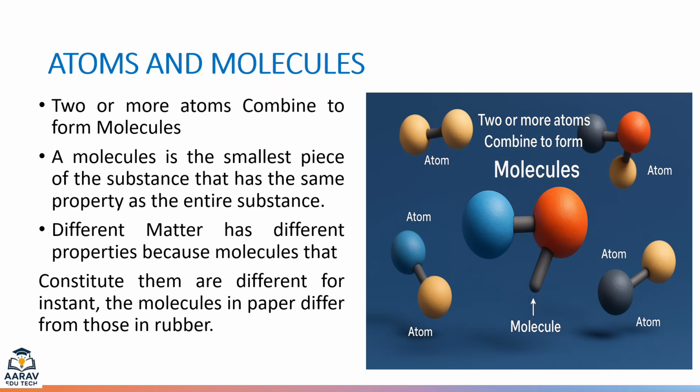Different types of matter have different properties because their molecules are different. For example, the molecules in paper are different from the molecules in rubber, and that's why their properties vary.